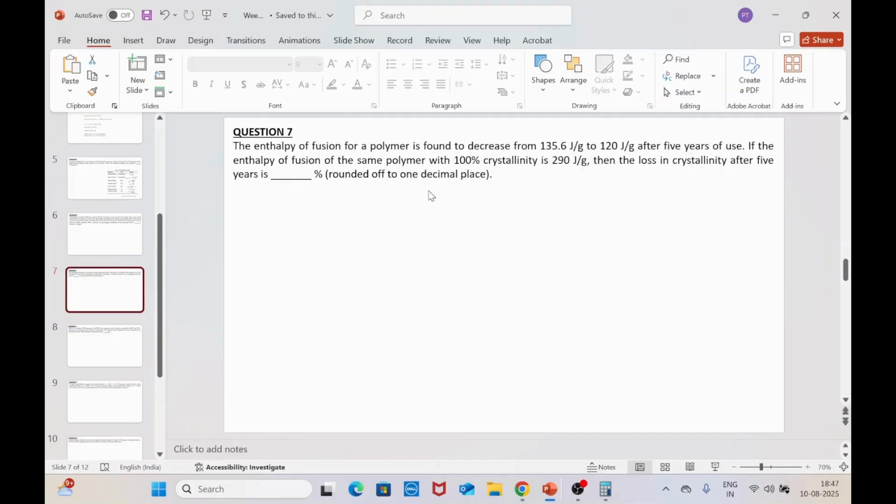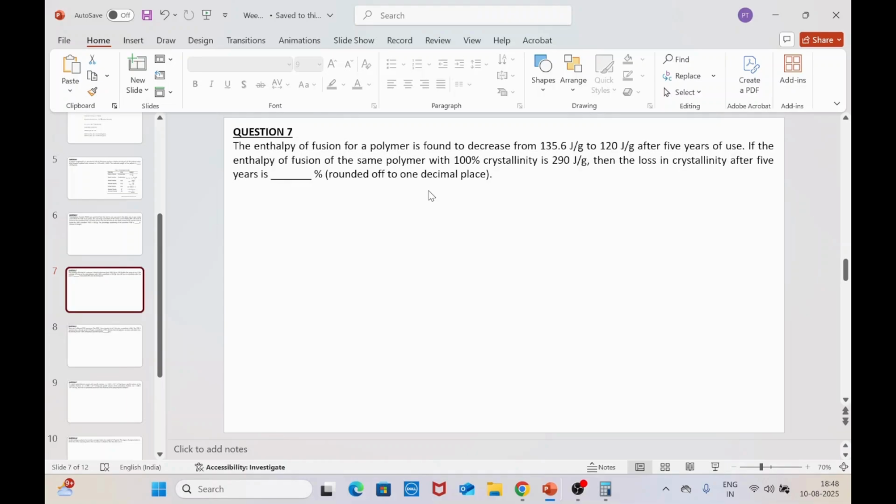After 5 years, you take the same polymer again, run some characterization technique, and find that the enthalpy of fusion is 120 joule per gram. Over time the polymer has aged, and because of that aging the crystallinity is lost.